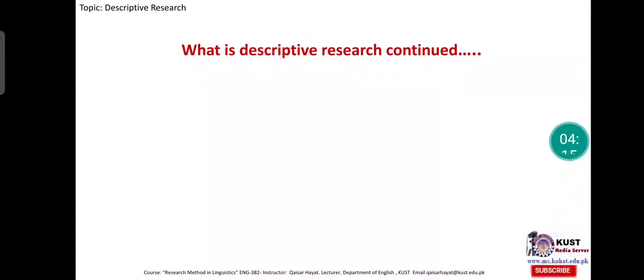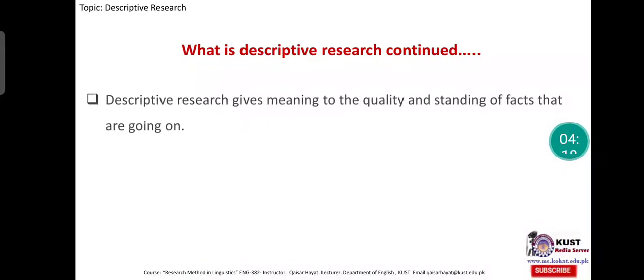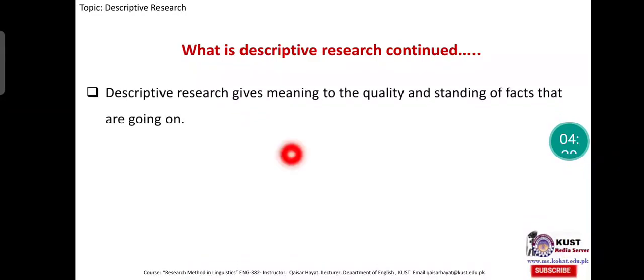The more about descriptive research is that it gives meaning to the quality and standing facts that are going on. What are the standing facts that we are working on, that we are describing in our research?